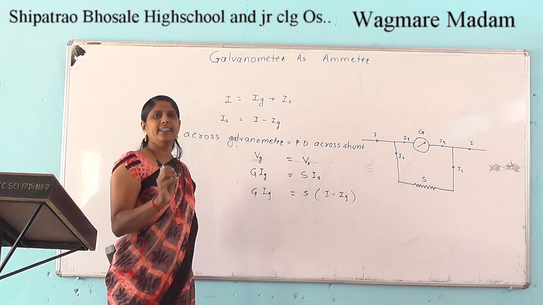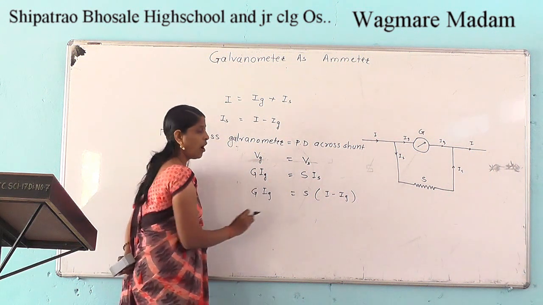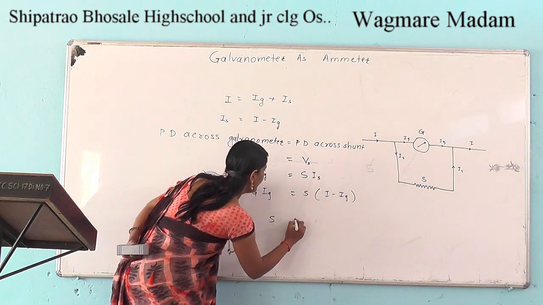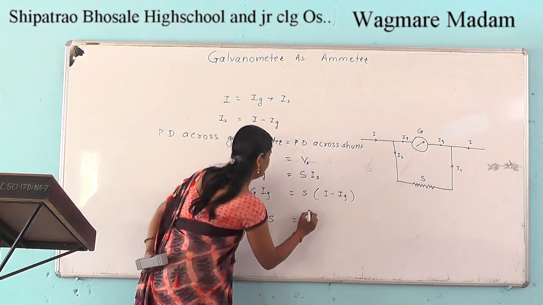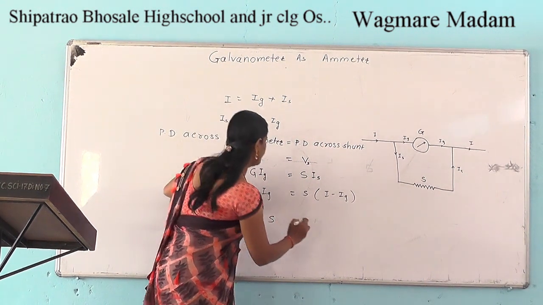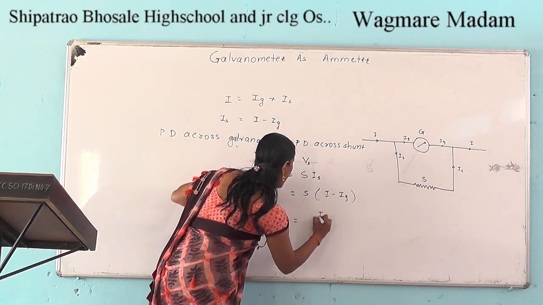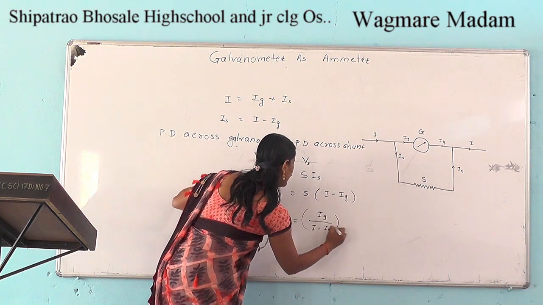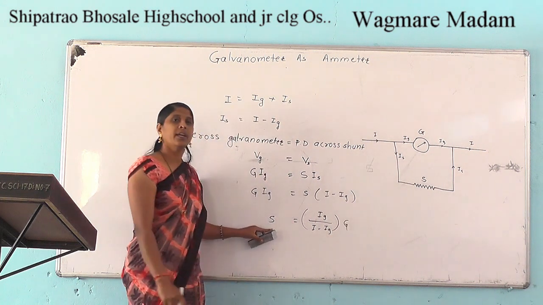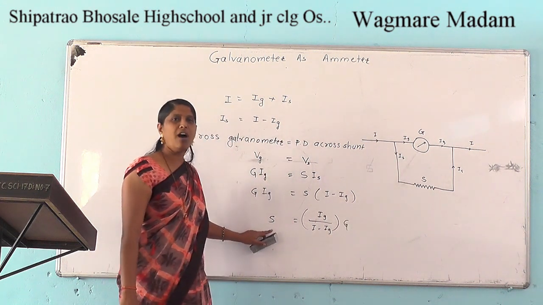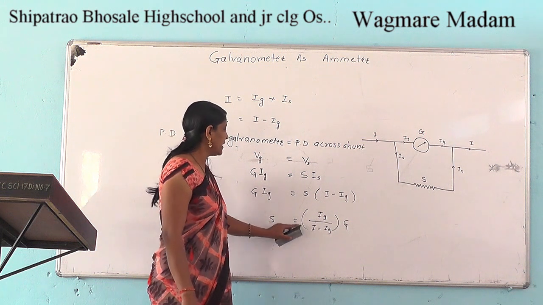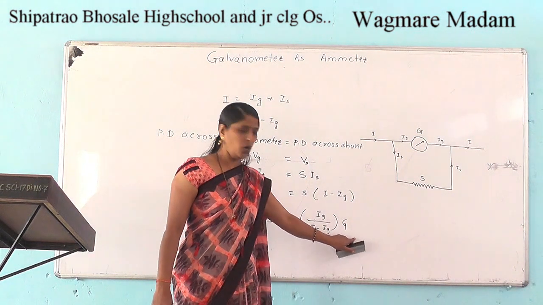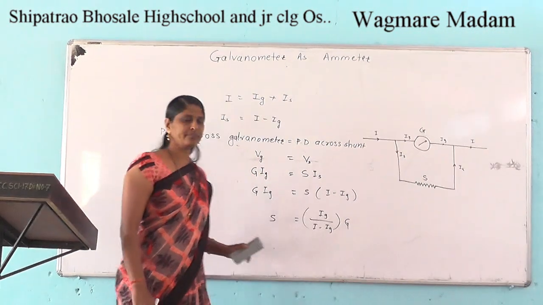Now we have to find the value or formula of S. Therefore, we can write here S is equal to Ig upon (I minus Ig) into G. This is the required value of S, that is, S is equal to Ig upon (I minus Ig) into G. Okay.